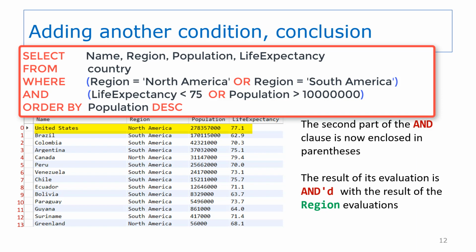It is included in the results set because its population is over 10 million. Brazil at row 2 could be included because it meets both the life expectancy and population tests. Countries with less than 10 million population are included because of the life expectancy value. Starting at row 9, Bolivia, you see the countries with less than 10 million.